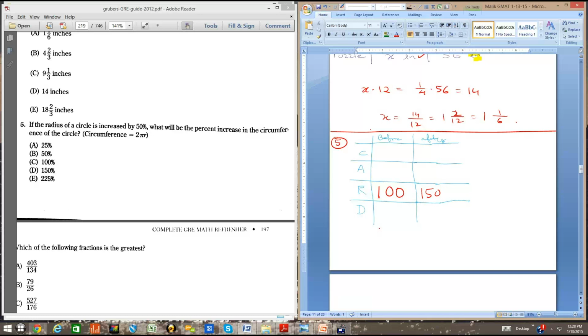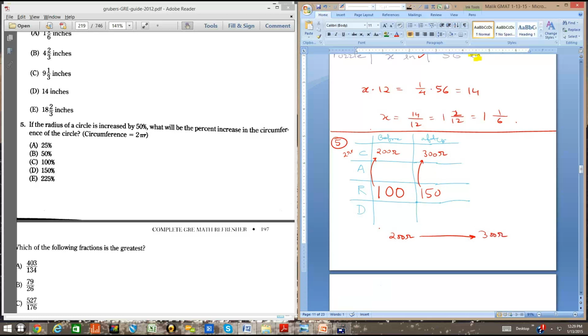And using the 2 pi r formula, you can just get this one as 200 pi. You get this one as 300 pi, right? Now what is the scenario here? 200 pi changes to 300 pi.